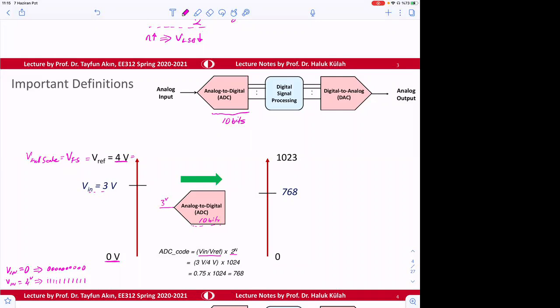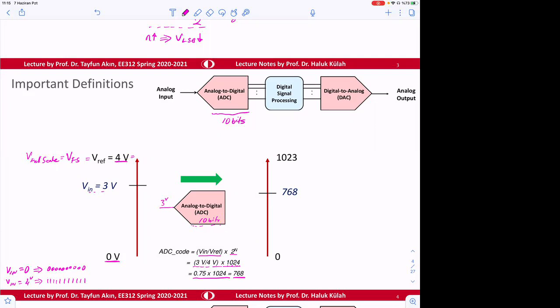Typically what we do is we take that signal and find how much it is, percentage-wise, of the full scale, with respect to the reference, and then multiply that by 2 to the power n. If n was 3, it would be 8, but if it is 10, then it's going to be 1024. If we multiply it, it's going to be 768.